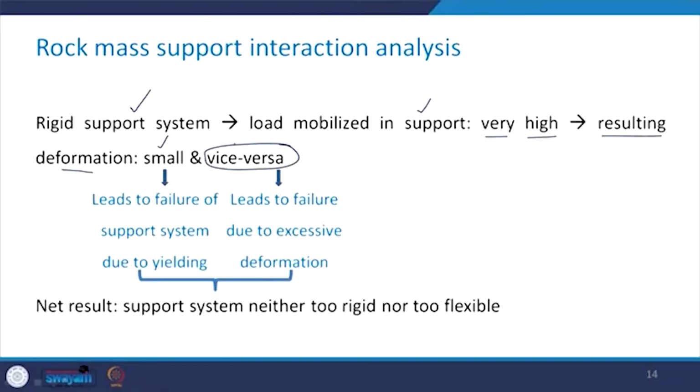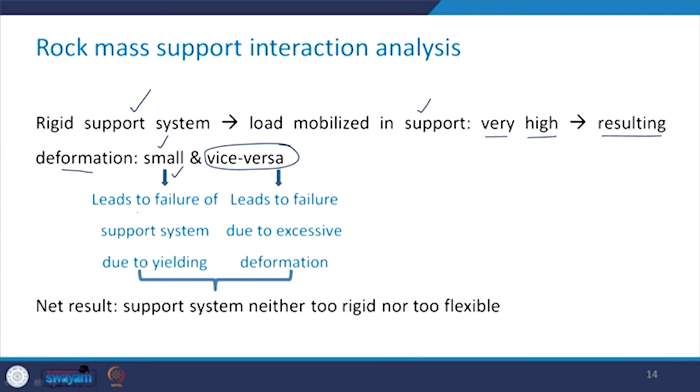So, in case the resulting deformation is quite small, this will lead to the failure of the support system due to yielding. Why? Because in this case, in order to arrest the deformation, we have provided a very rigid support system, and therefore, the load which is mobilized in the support is very high.